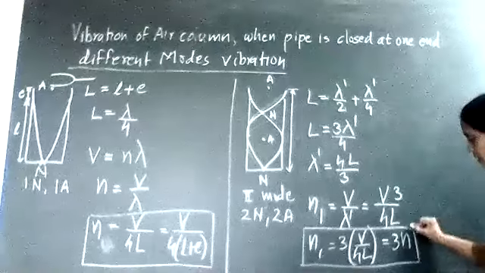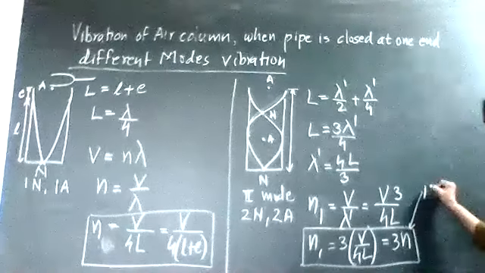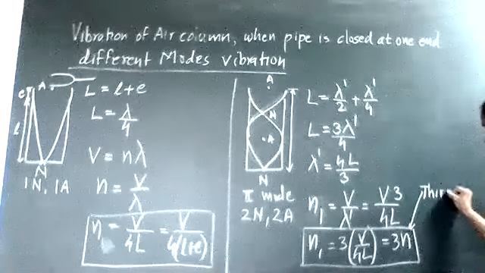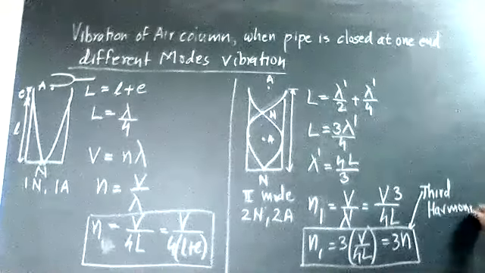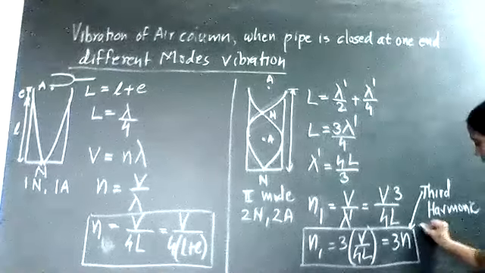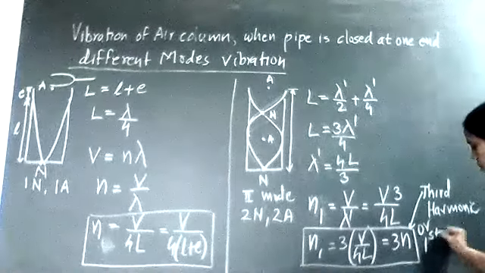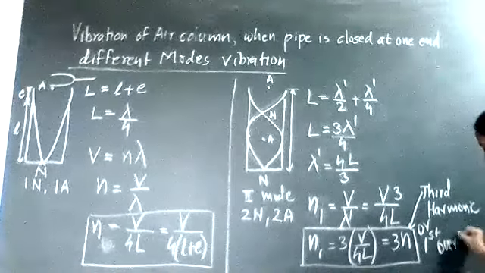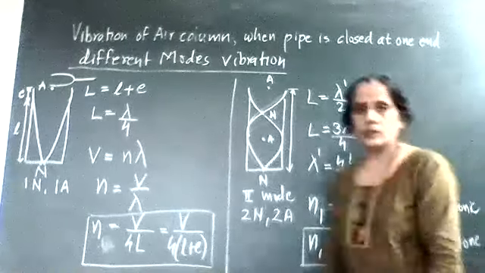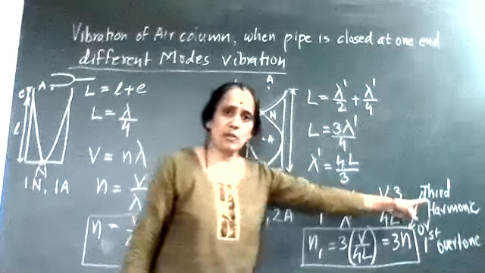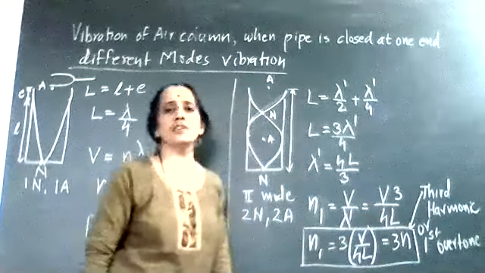So 3N, that's why this frequency is called the third harmonic frequency, or it is called the first overtone frequency.